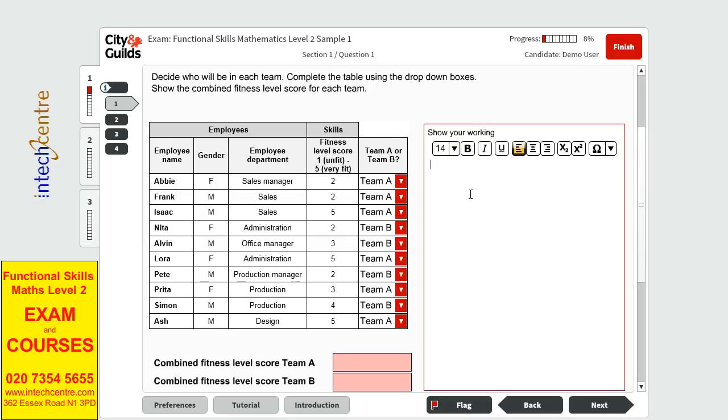So the idea would be also you could find how to split the team so that you get a similar combined fitness level score by adding their scores.